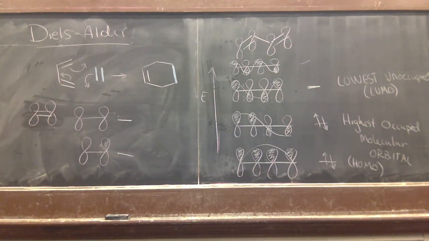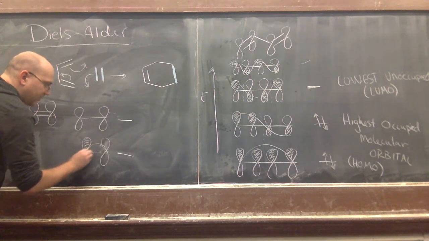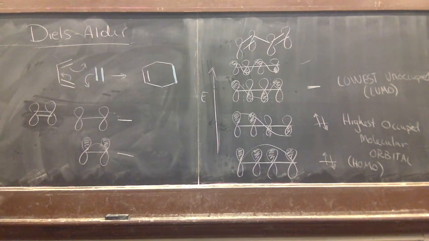And if we fill these up, what's the wave function of the bottom one going to look like? If we're going to shade those lobes, are we going to shade them on the same side or on opposite sides? The same side, right? Because lowest in energy isn't going to have any nodes.